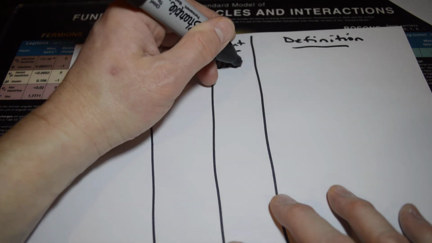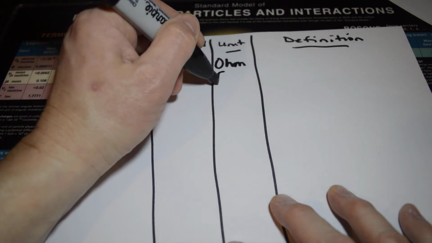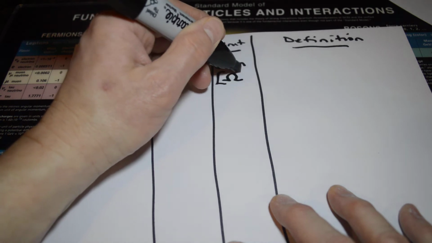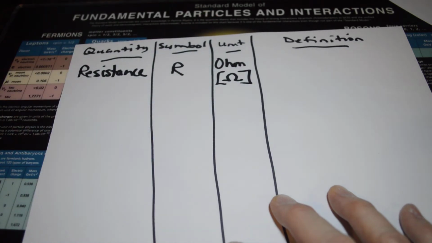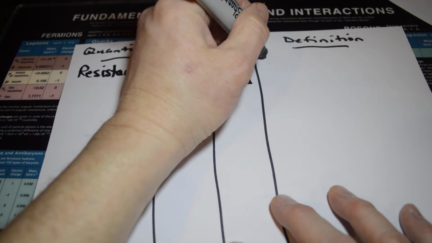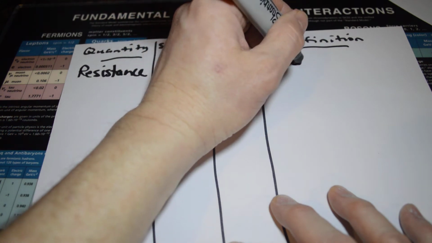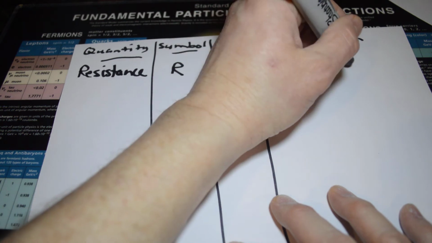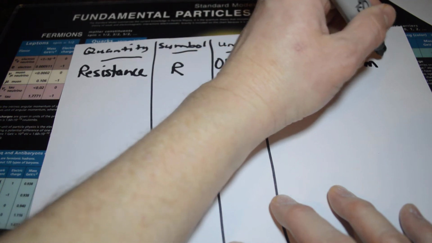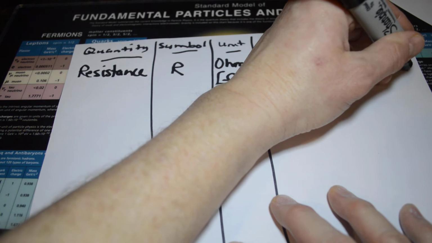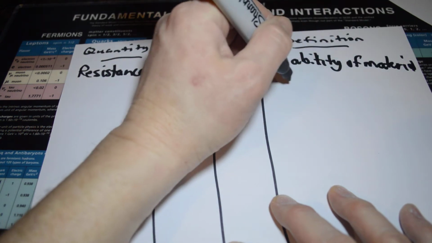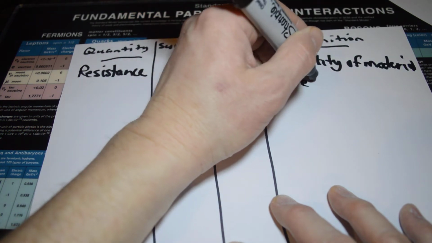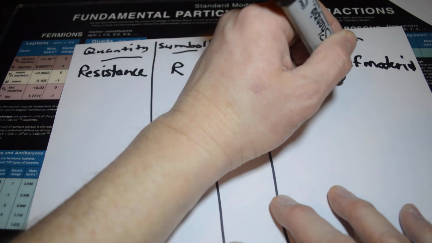The unit is the ohm, O-H-M, and that's given by a symbol which is the Greek letter omega, capital letter. And that's the ability of a material to hold back the flow of charge, to resist charge flow.